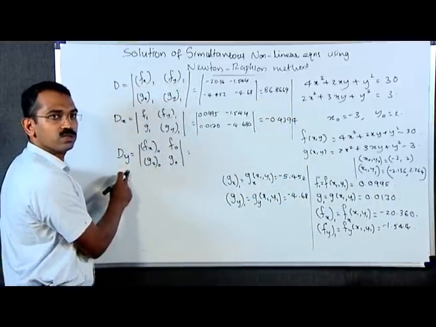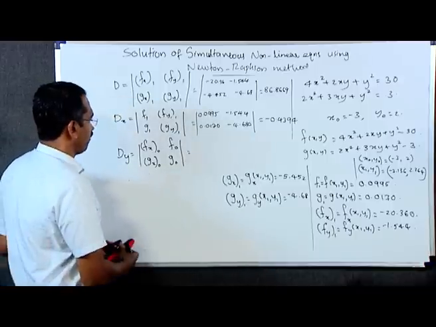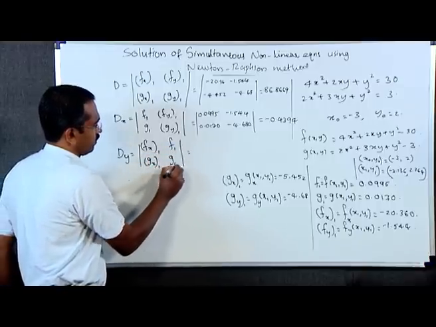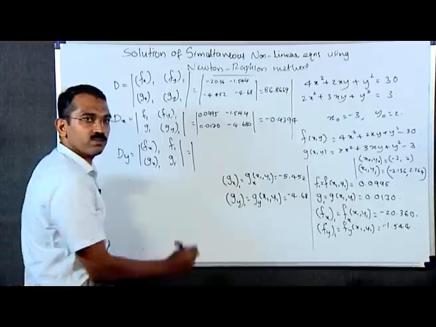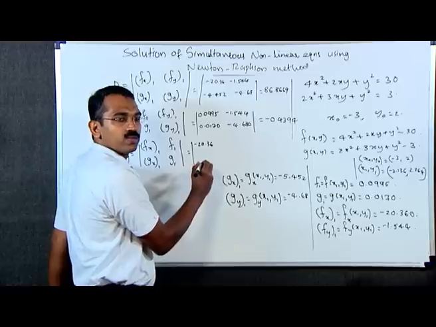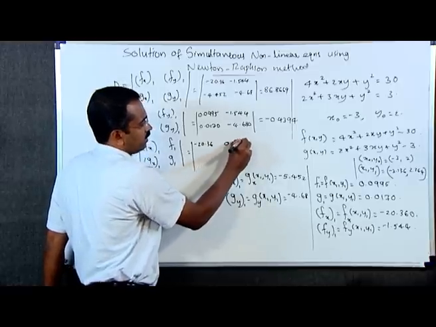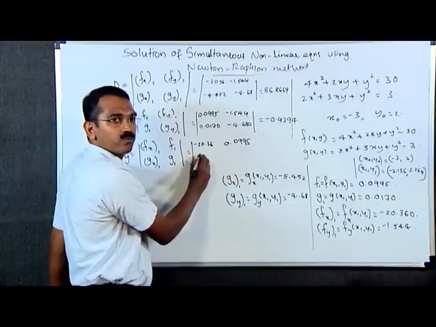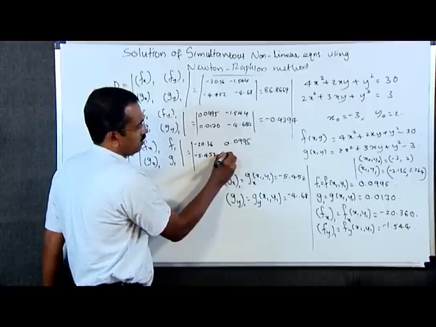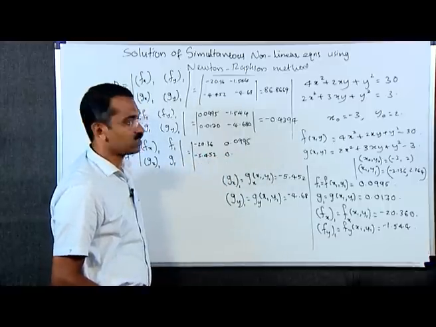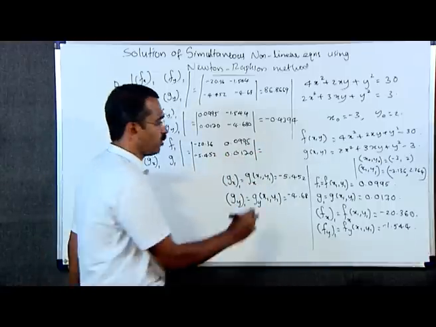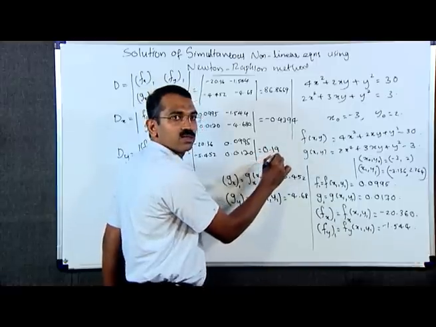And determinant dy is fx1, f1, gx1 and g1. The values are minus 20.360, 0.0995, minus 5.452 and 0.0170. The value of this determinant is 0.1964.